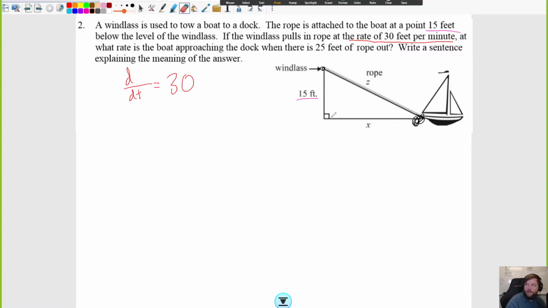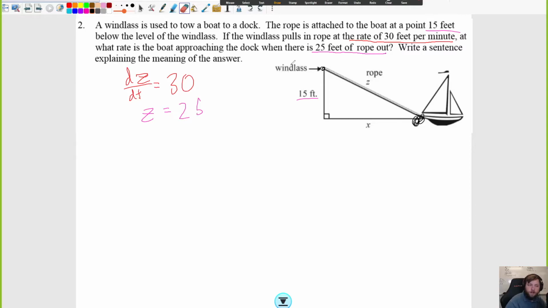Well, the rope is Z. So I can say dz/dt is 30. At what rate is the boat approaching the dock when there's 25 feet of rope? That's when Z equals 25, since Z is the rope.